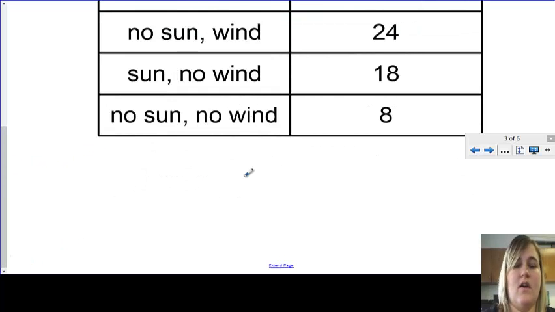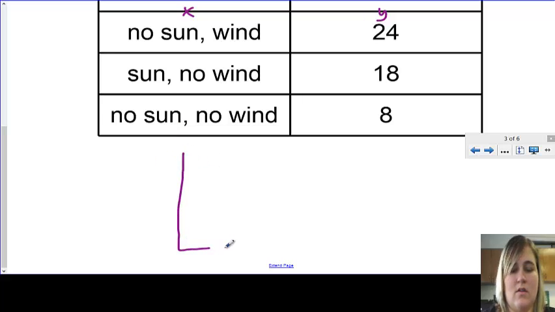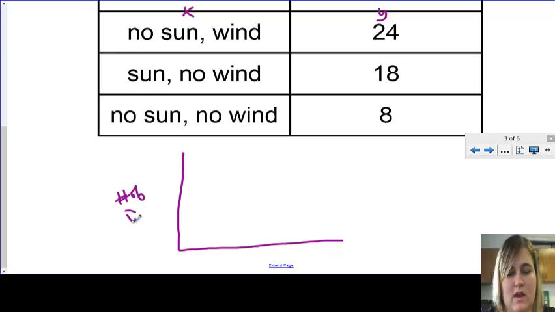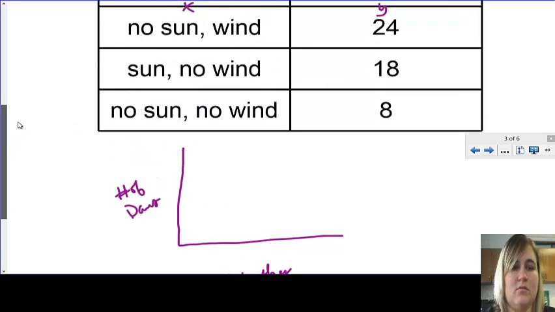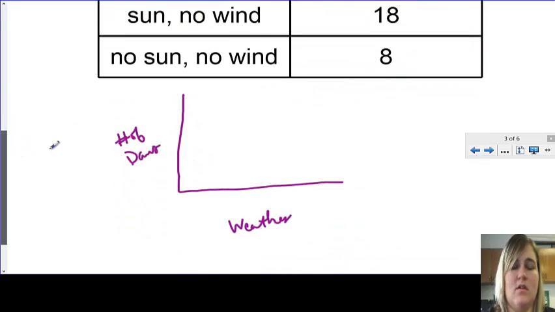So this is our X over here. These are our X values. These are our Y values. So I have a graph. This is number of days down here, and then this one is the weather. So the types of weather are sun and wind.